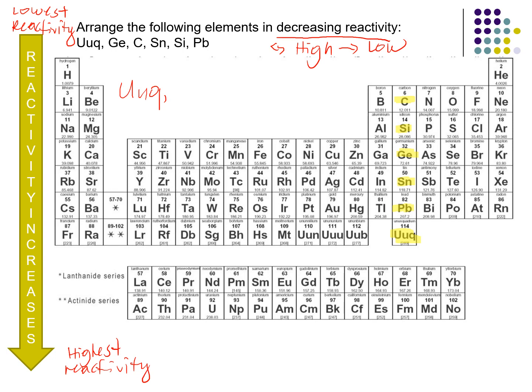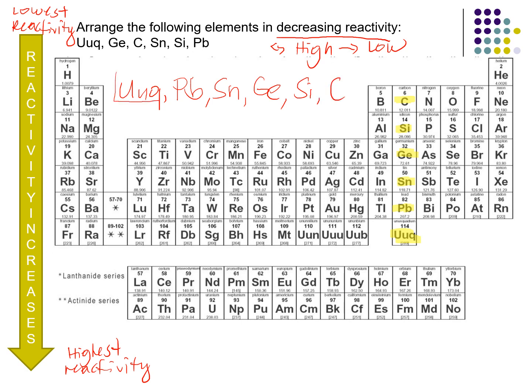So, next. Sino ang may next na mataas na reactivity? It will be lead. So, it will be Pb. After lead, we will have tin. Next is germanium, silicon, and lastly, we have carbon.